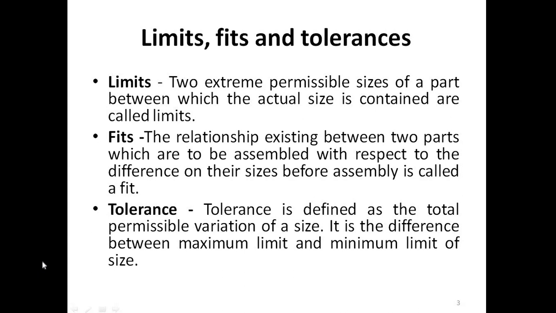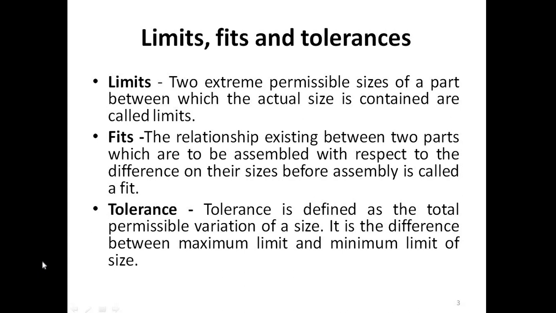Suppose a round bar is there, having diameter 20, and the tolerance is plus 0.2 to plus 0.4. According to the limits, the two extreme permissible sizes for diameter 20 are, for plus 0.2, 20.2, and for plus 0.4, 20.4.